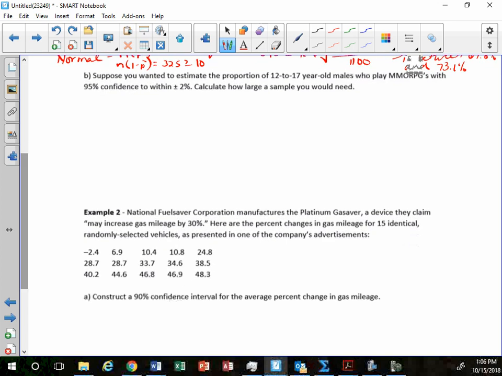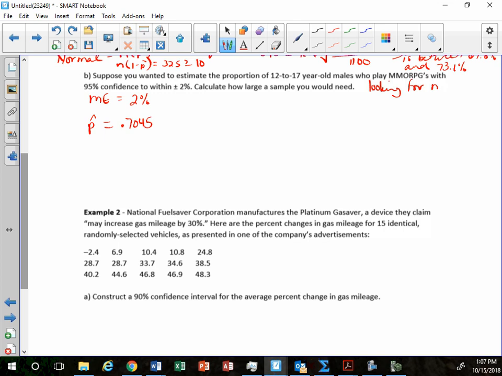All right, so we wanted to estimate the proportion with 95% confidence within 2%, so plus or minus 2%. That means my margin of error equals that 2%. I'm looking for the sample size, so looking for n. We know our p-hat from up above, 0.7045.